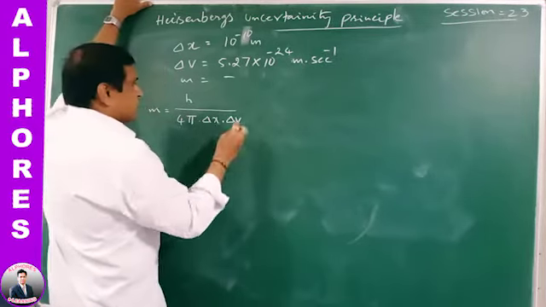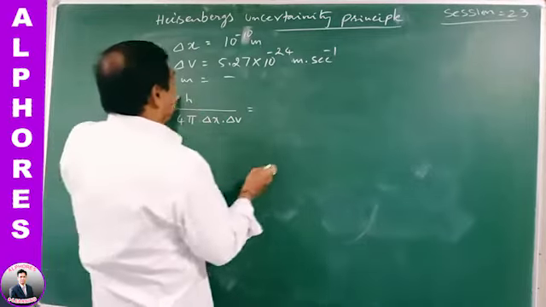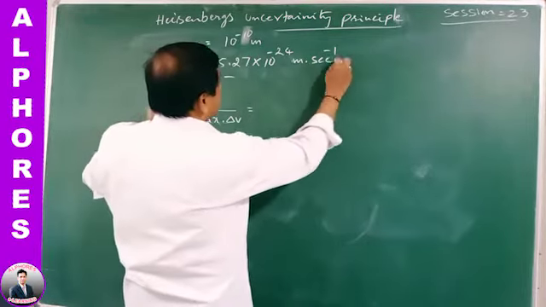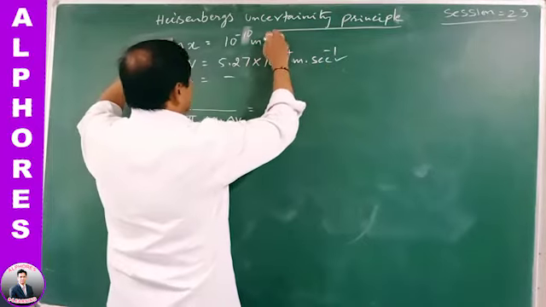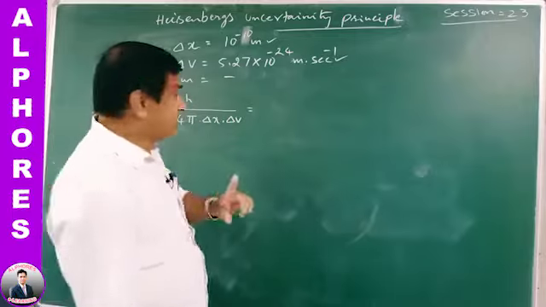Now substitute all the values in this. Planck's constant is in SI unit, and delta x is also in SI unit, so we should take all the values in SI unit only. That is important.